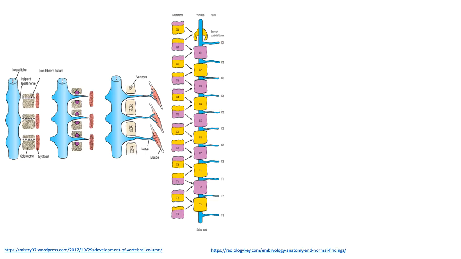Then you can see that C1 has an upper dense pink part and a lower less dense part. Sorry, C2 has an upper pink dense part and a lower less dense yellow part.